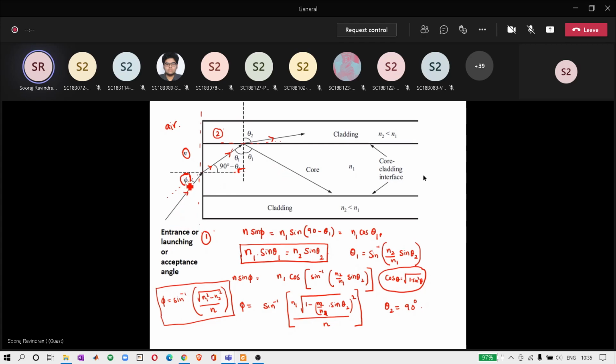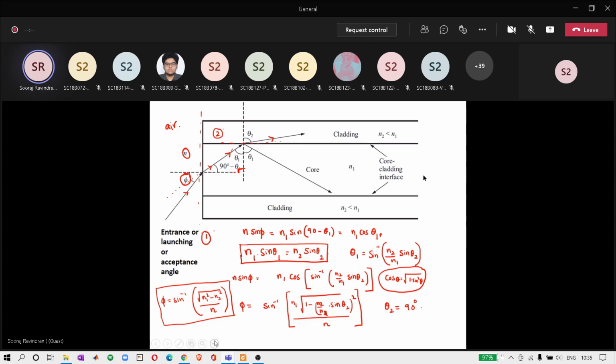If the incident angle is greater than phi, the launching angle, then at the interface total internal reflection will not happen. So phi is the maximum angle up to which you can launch a ray inside the optical fiber so that total internal reflection happens.